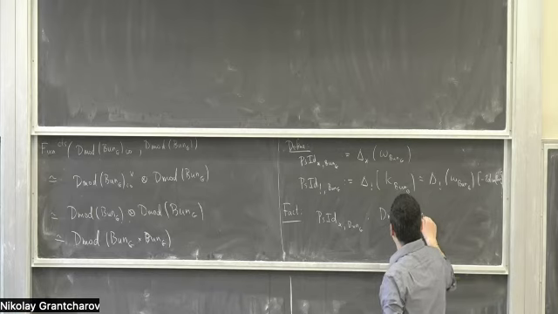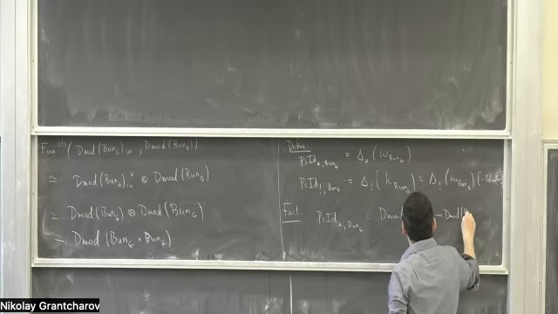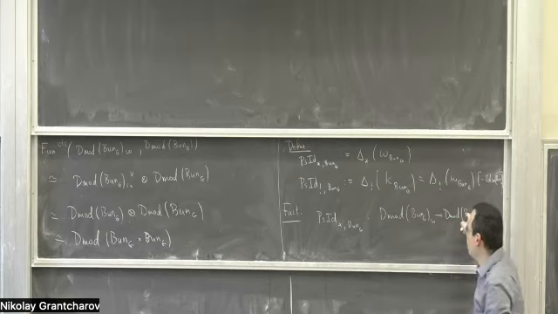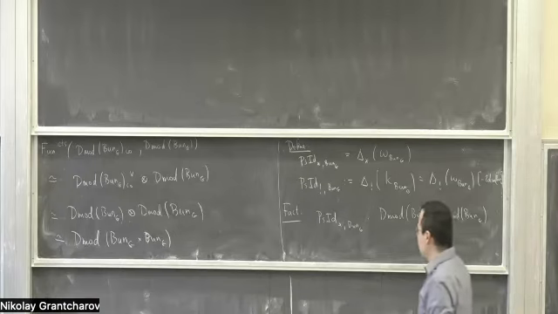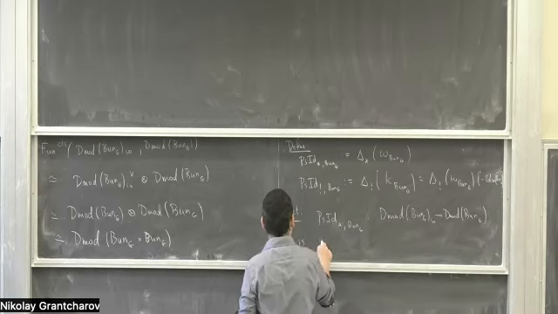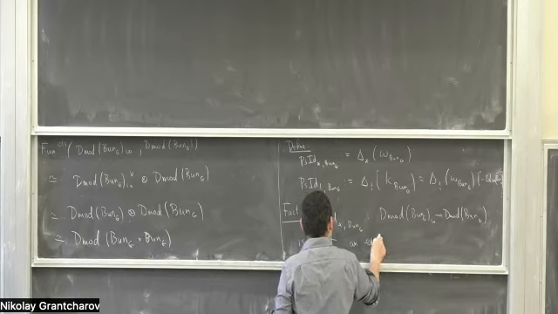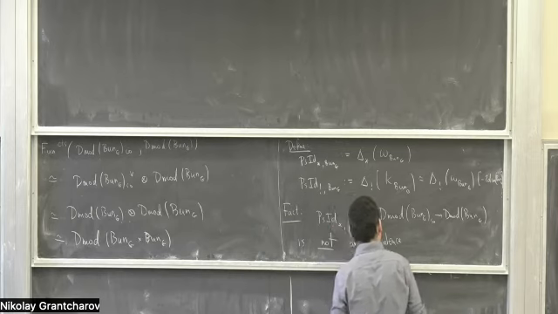If BunG was quasi-compact, this would be the identity functor. It is not an equivalence for G not a torus.